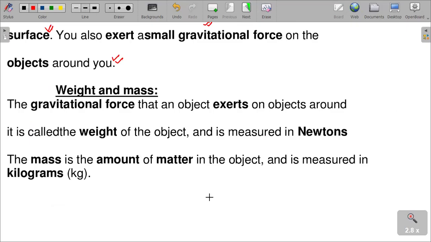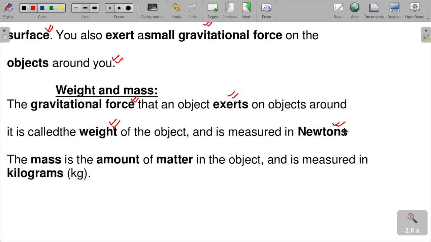Let's look into weight and mass. The gravitational force that an object exerts on objects around it is called weight, and is measured in what? In newtons.